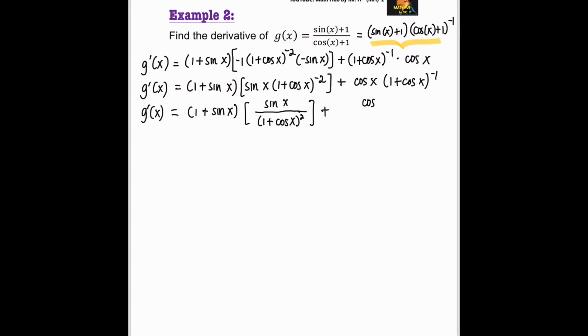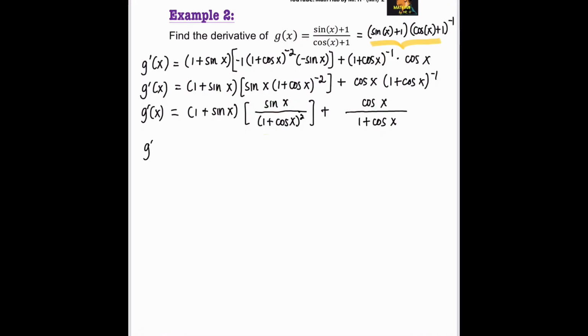So cosine x will be left in the numerator divided by 1 plus cosine x. And basically for the first term, we can write it as a single fraction, 1 plus sine x times sine x.